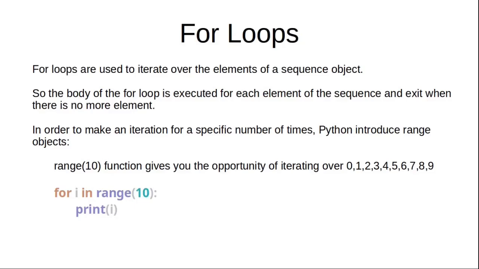In order to iterate a specific number of times, Python introduces range objects. For example, the range(10) function gives you the opportunity of iterating over 0, 1, 2, 3, 4, 5, 6, 7, 8, and 9. For example, for i in range(10): print(i) will print every element of the sequence range(10).